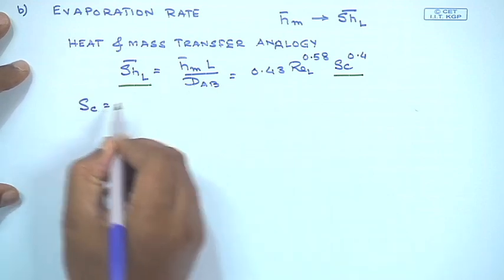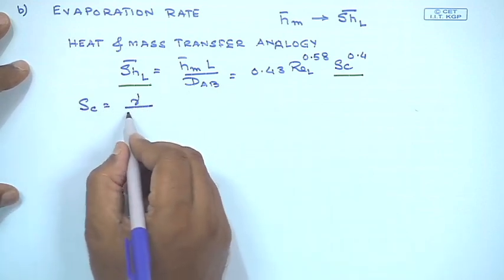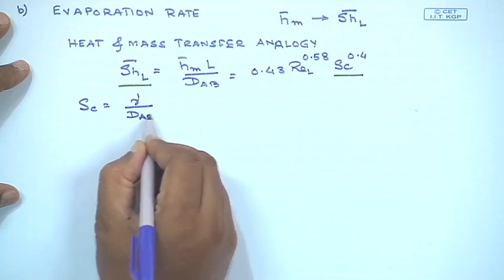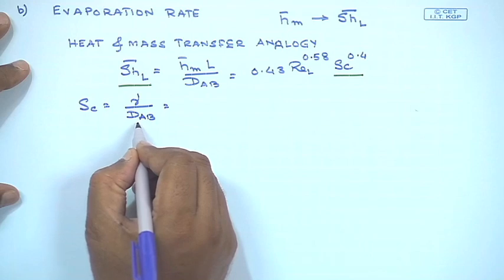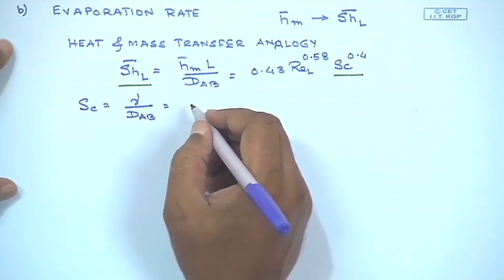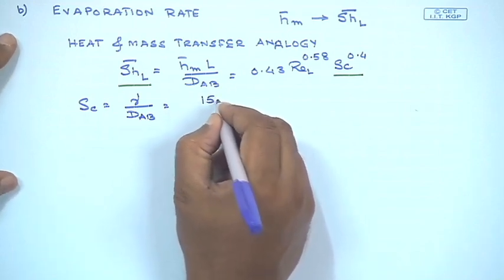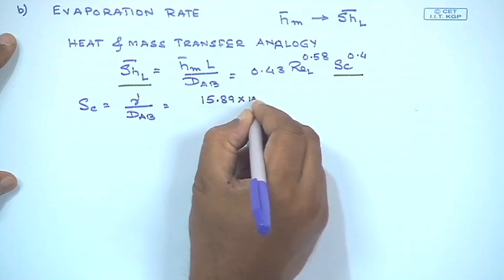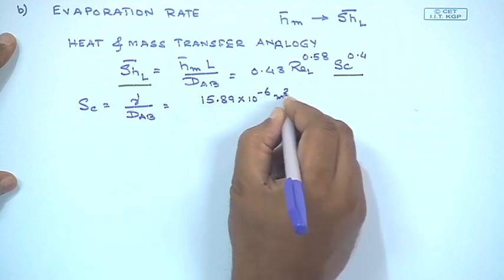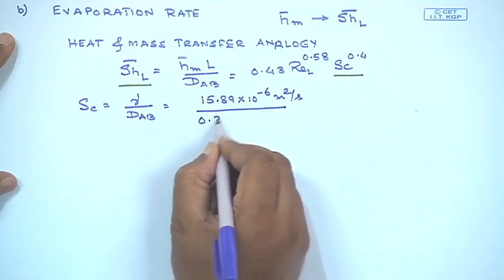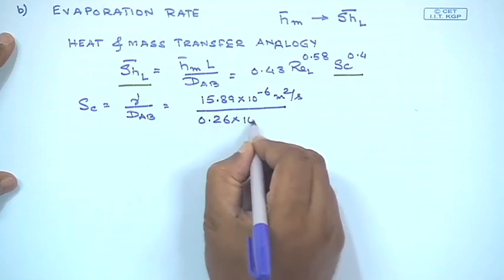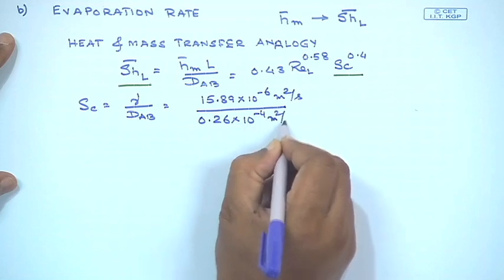The Schmidt number is nu by DAB, which is the kinematic viscosity divided by the mass diffusivity. The kinematic viscosity is provided as 15.89 into 10 to the power minus 6 meter square per second, and the value of DAB is provided as 0.26 into 10 to the power minus 4 meter square per second.